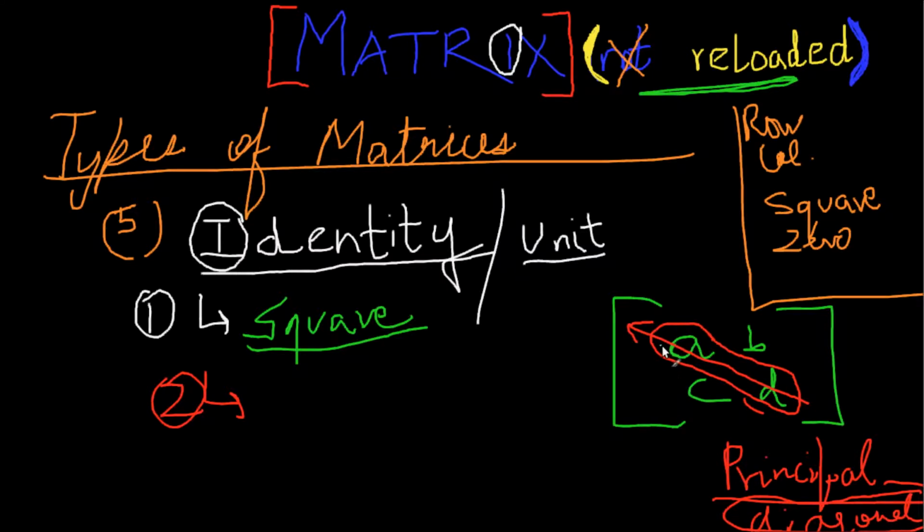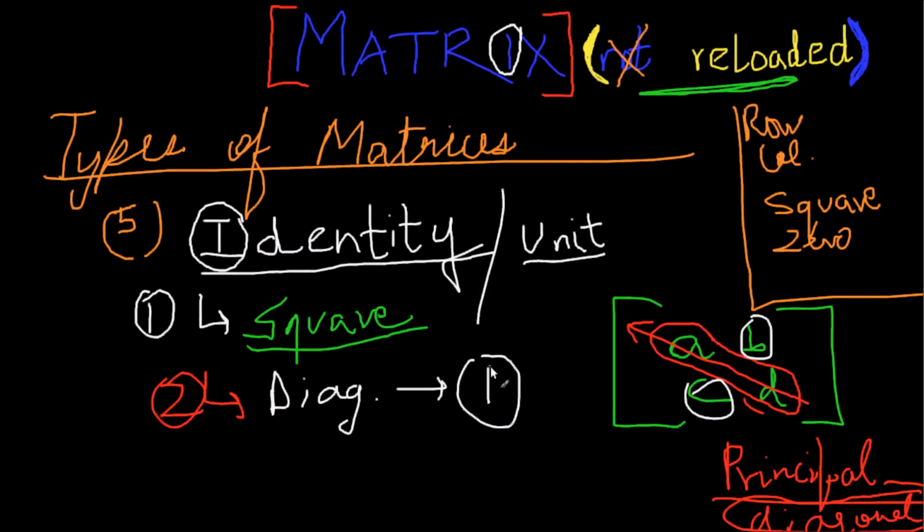So these are the diagonal elements, and the rest are non-diagonal elements. So guys, an identity matrix is a square matrix, has its diagonal elements as 1 and only 1. This is 1. And another property is that the non-diagonal elements are 0.